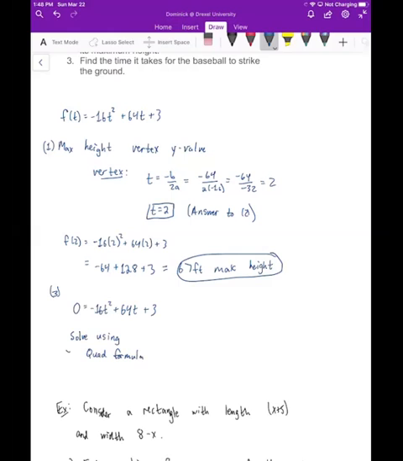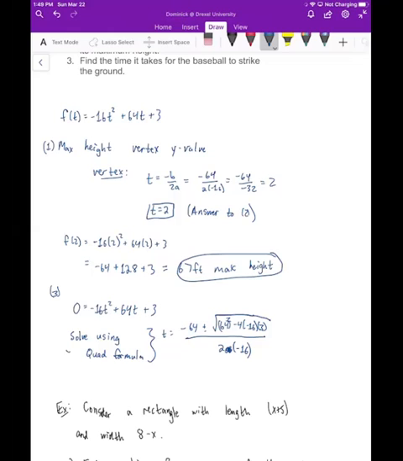So if we do that, we'll get negative 64. So t is equal to negative 64 plus or minus the square root of 64 squared minus 4 times negative 16 times 3, all over 2 times a, which of course is negative 16.